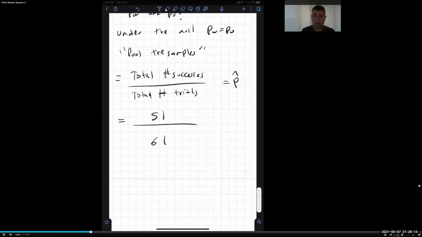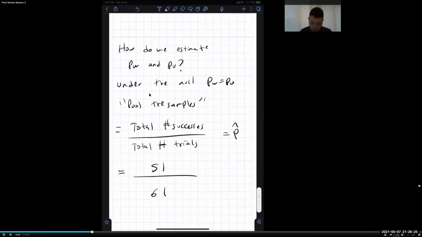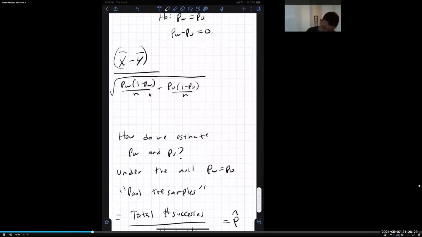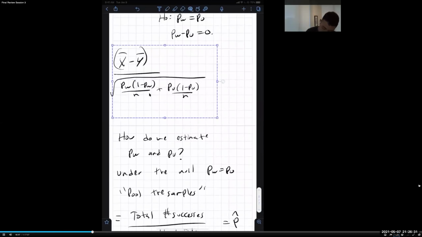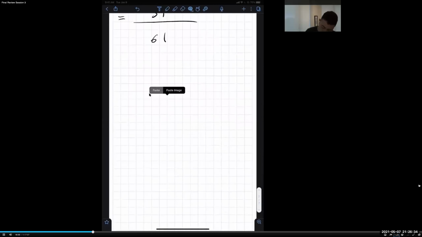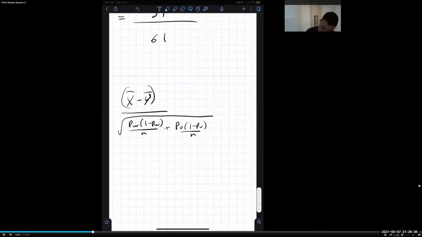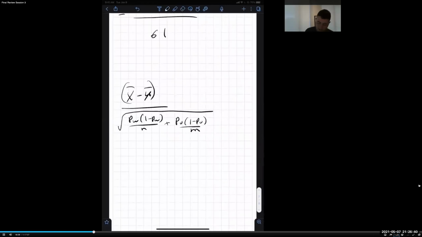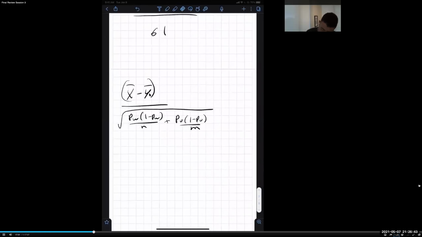Are there any questions so far? Okay, great. So then under the null, of course, we're going to have this here, M. We have this here again, but I'm going to replace all of these with p hats.